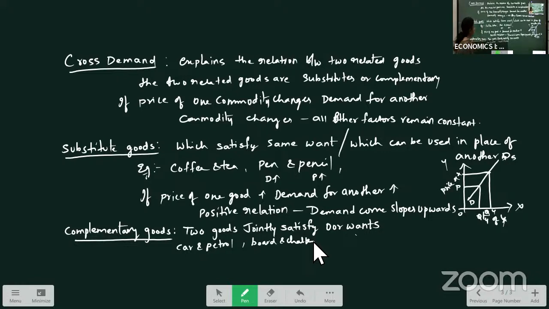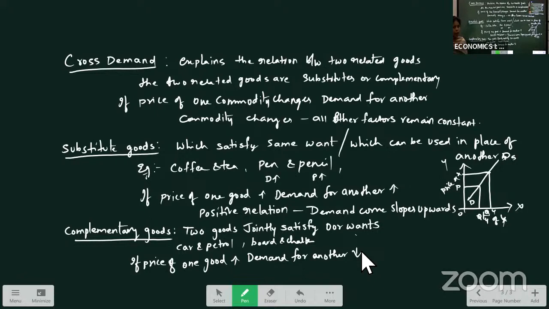In this case, if the price of one good increases, demand for another decreases. Why? If petrol prices are increasing, do we demand more petrol cars? No, we don't want to buy the car because petrol price is high. So as the price of petrol is high, demand for cars is low.